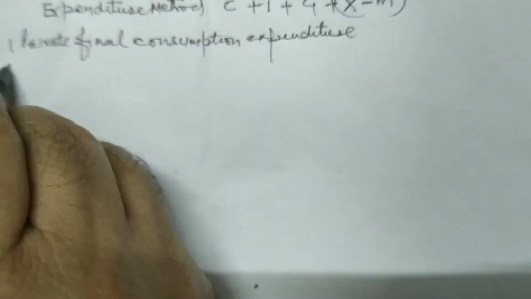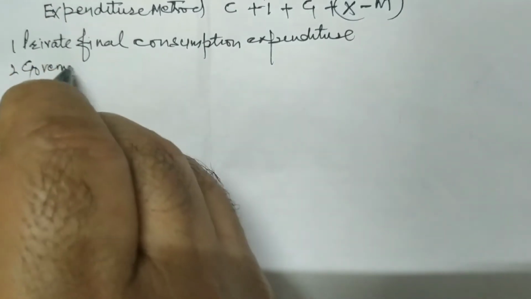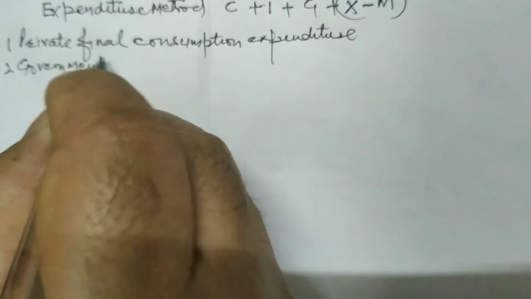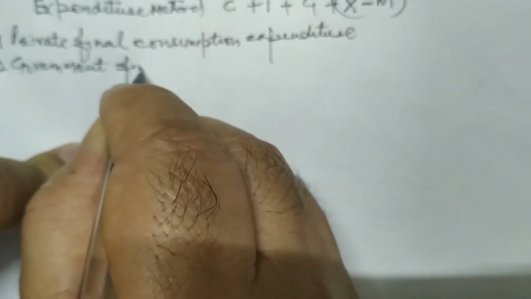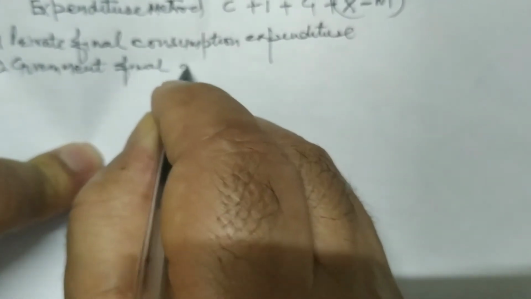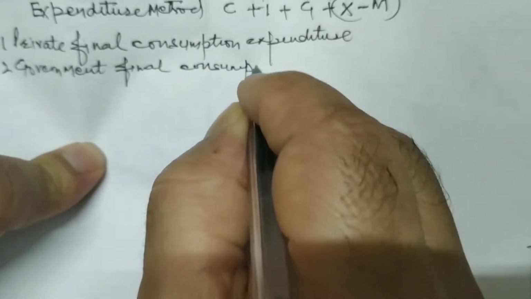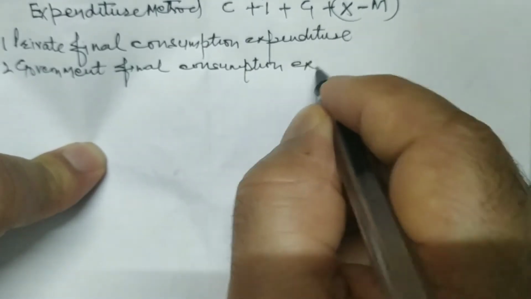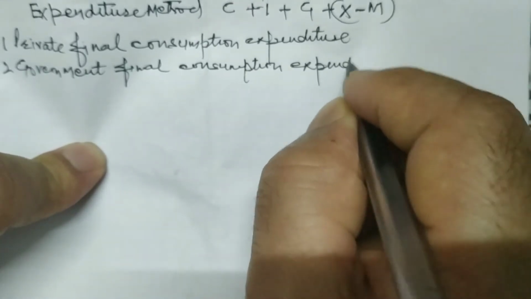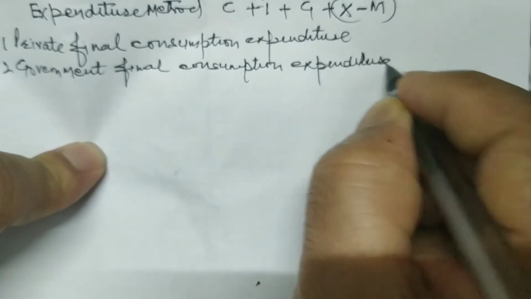Second one is government final consumption expenditure.